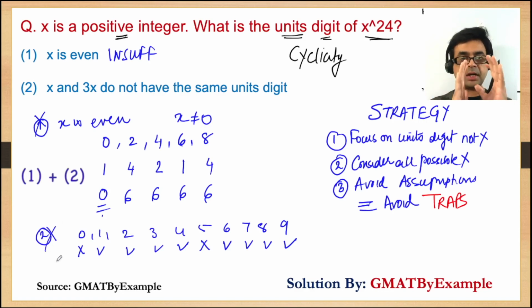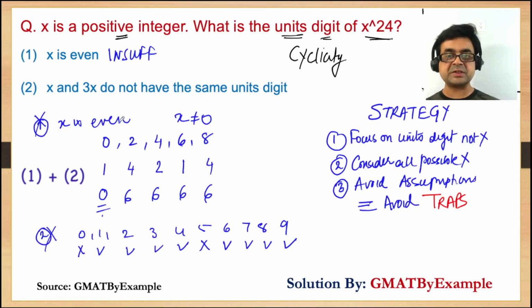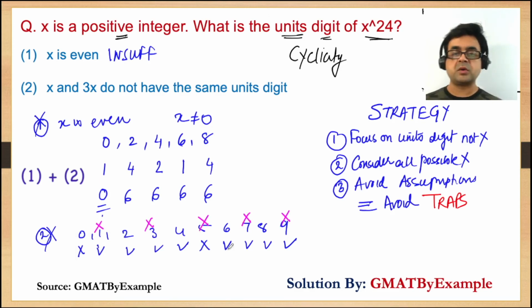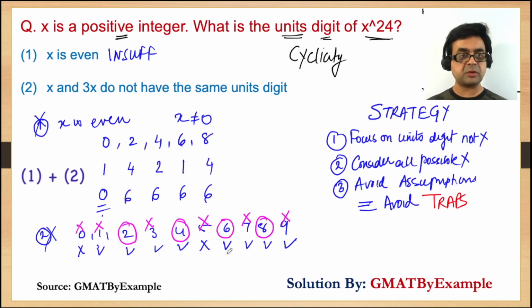However, when you combine 1 and 2, you are limited to a number of choices. Since x is even, all of the odd quantities go away. So, okay, I have crossed out all the odd quantities. Since in 2 it is given that x and 3x do not have the same units digit, 0 goes away, and the only thing remaining is 2, 4, 6 and 8 as our possibilities.